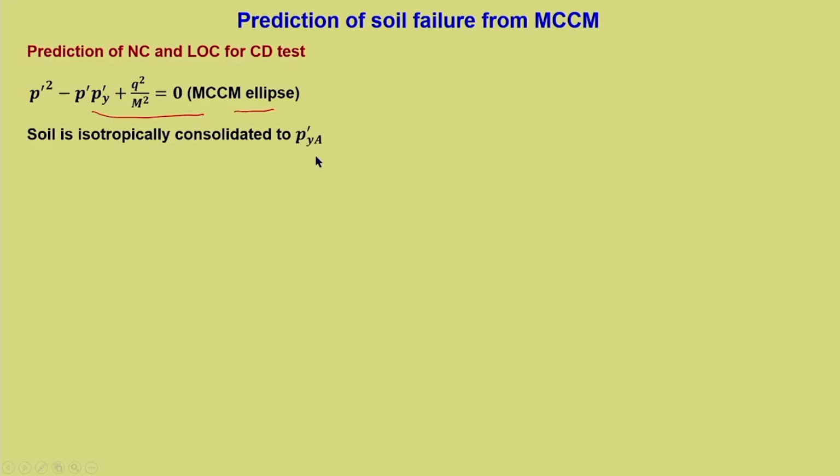So, the actual definition of OCR for LOC and HOC would differ, and it is not a very strict rule of thumb. So, soil is isotropically consolidated to p'yA. So, this is the q-p' plot. This is the maximum yield point, and that comes from the isotropic consolidation.